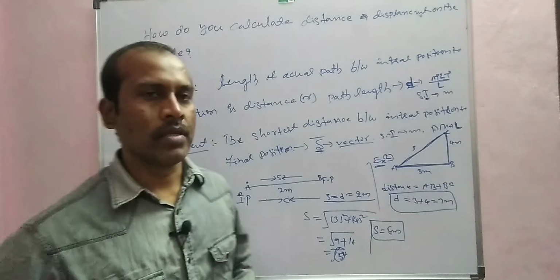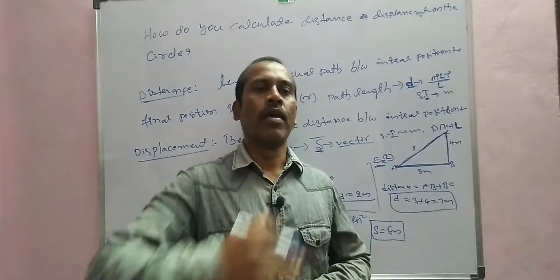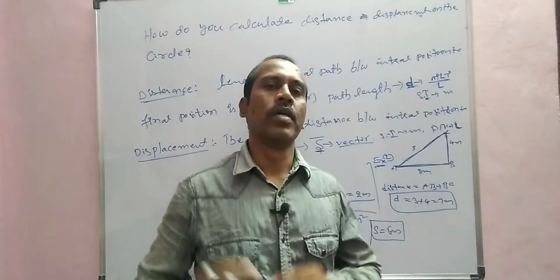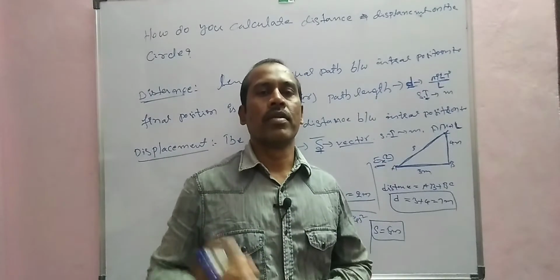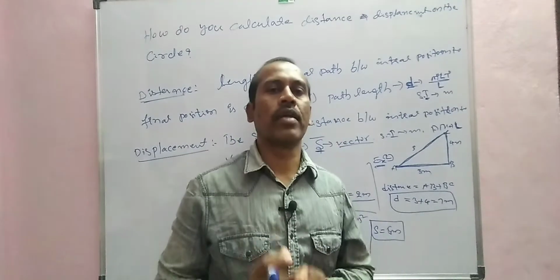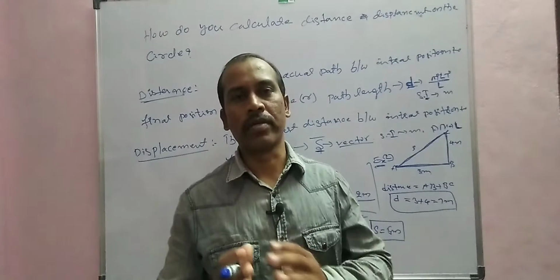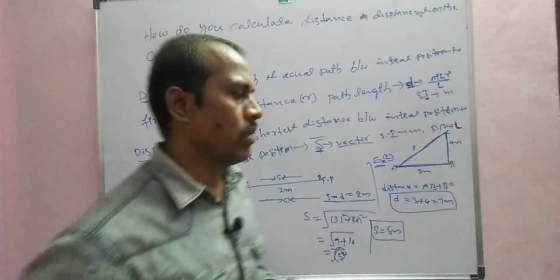This was just simple methods. But now the person moves along a curved path of radius r, the radius of the circle. How do we find the distance and displacement? We will now explain the relation between distance and displacement. Listen carefully.